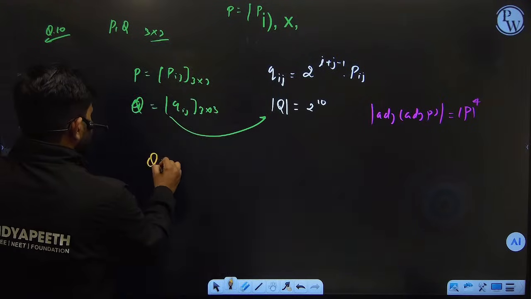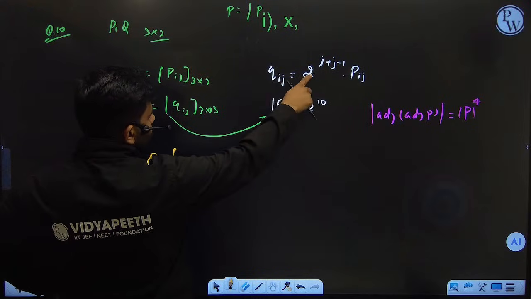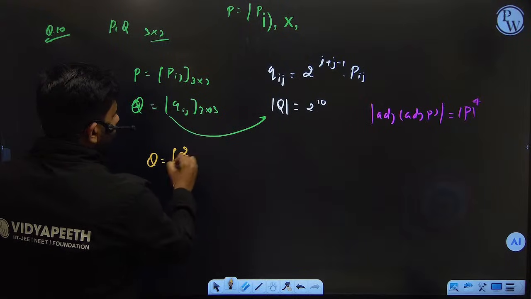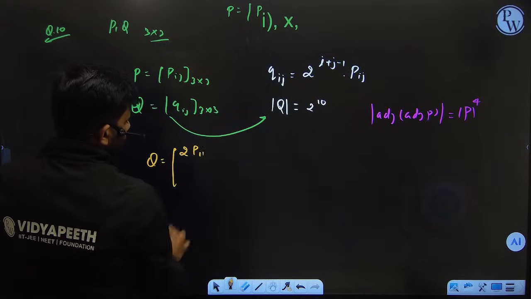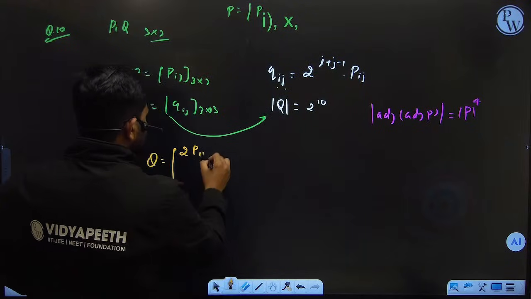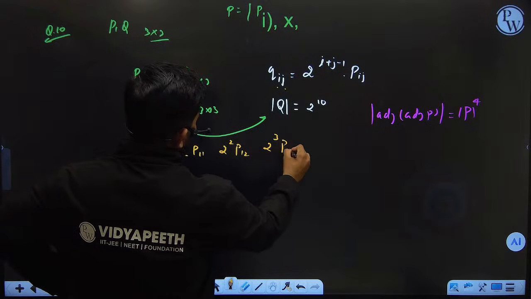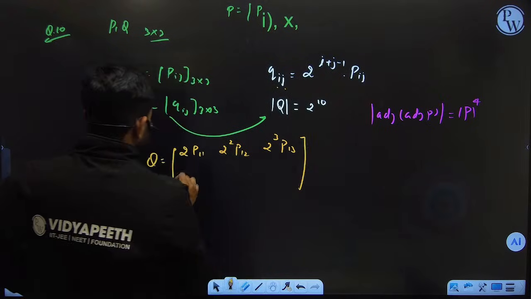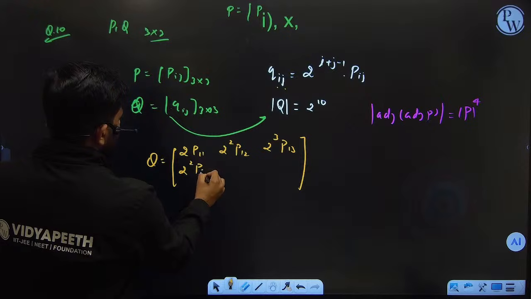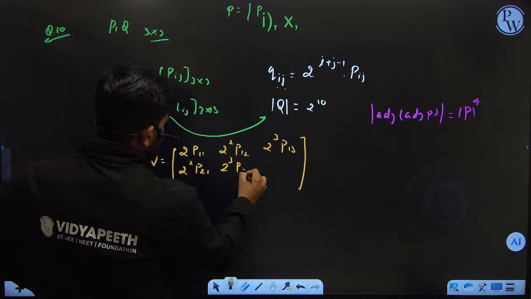So matrix Q will be, for 1 1, 2 times P11, correct? For 1 2, it will be 2 power 2 P12, 2 power 3 P13, 2 power 2 P21, 2 power 3 P22.